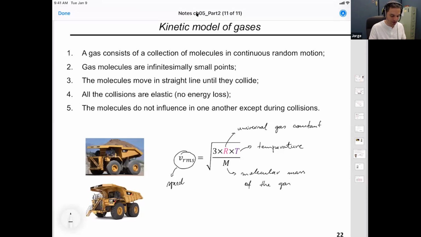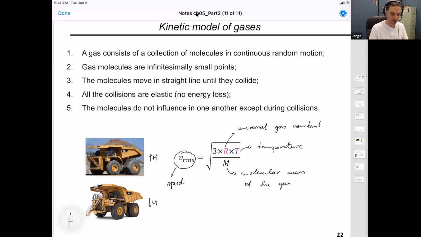Okay, the comparison here is that if we have a truck unloaded and then we load the truck with dirt, here is a low molecular mass and here is a high molecular mass.